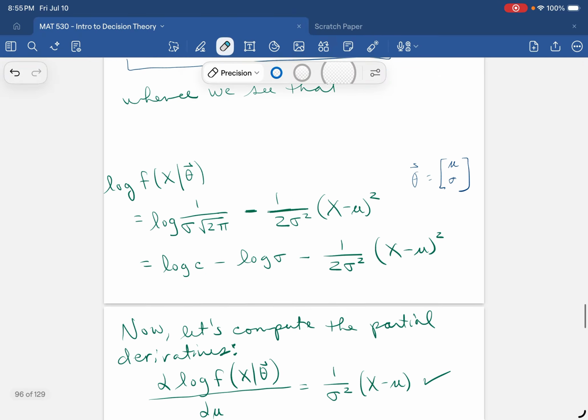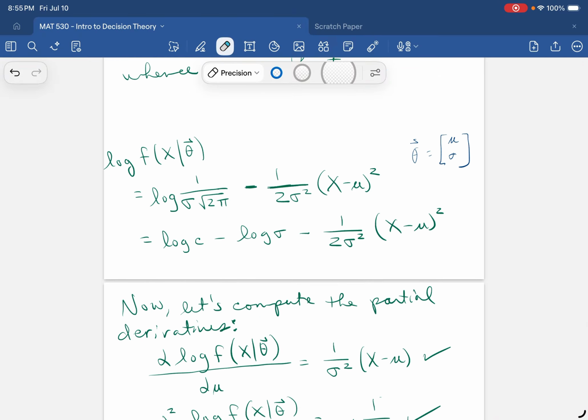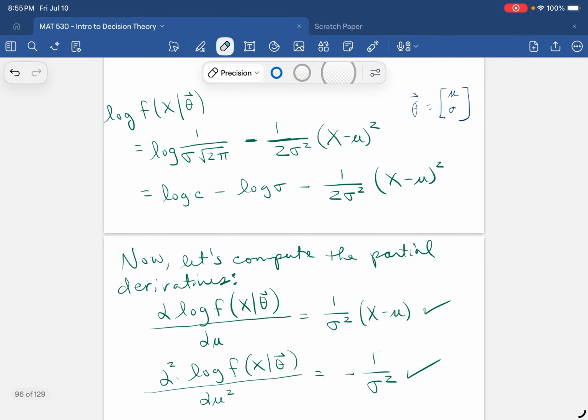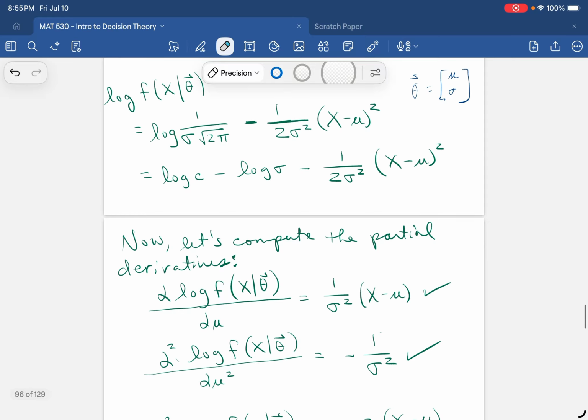Now let's compute the partial derivatives, and we're going to have to look at the second derivatives of all orders. So let's start with the derivative of the log likelihood with respect to mu, and this is just an exercise in partial differentiation, so you have to just do it with pencil and paper yourself.